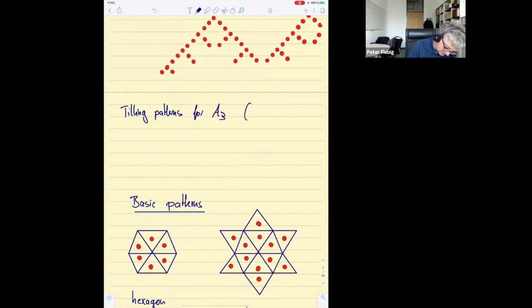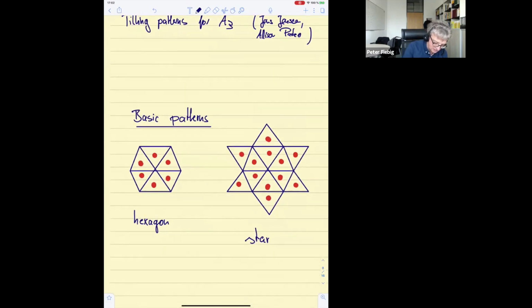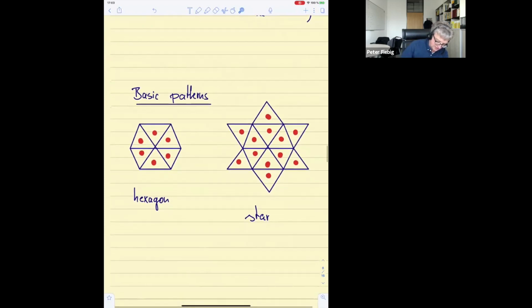So these come from a paper of Jensen, and some corrections to Jensen's paper were given by Alison Parker. So in SL3, if you look at G1T modules, you see 2 basic patterns appear. So a hexagon and a star. So you should keep these 2 patterns in mind.